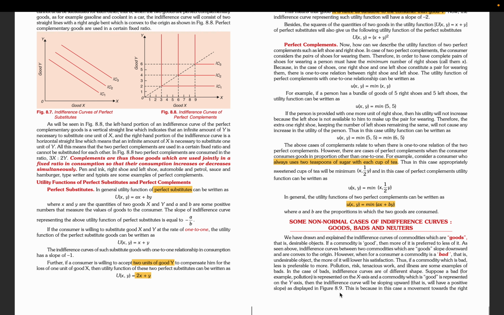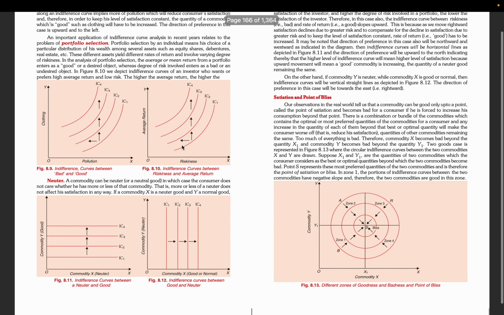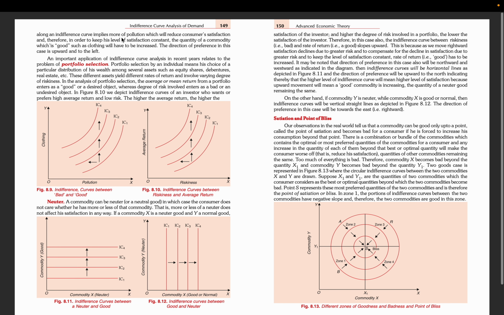This is because in this case, a movement towards the right along the ICs implies more pollution, which will reduce consumer satisfaction, and therefore, in order to keep his level of satisfaction constant, the quantity of the commodity which is good, such as clothing, will have to be increased.